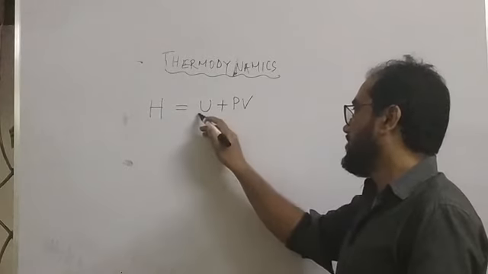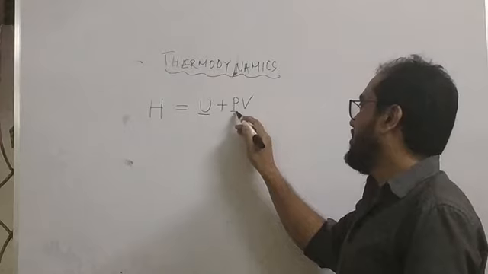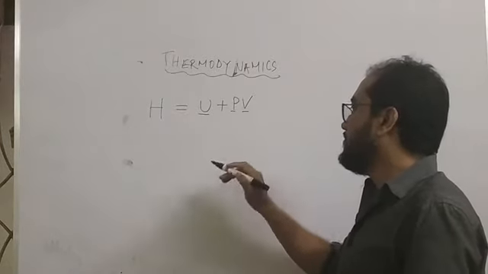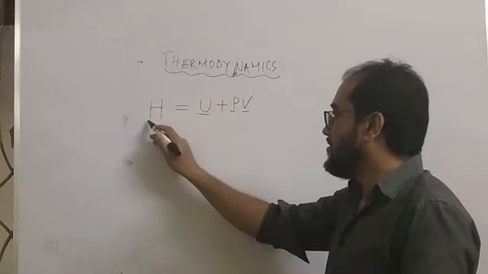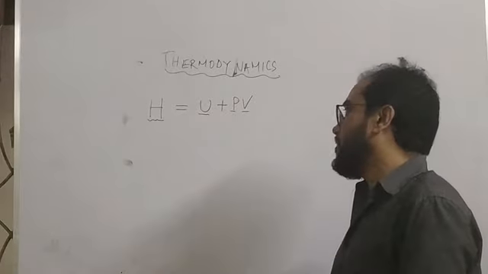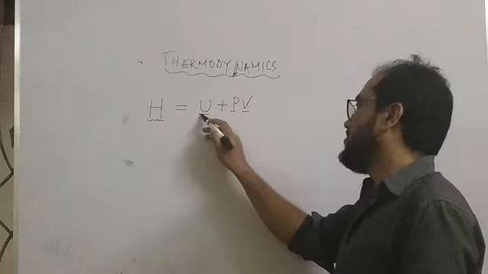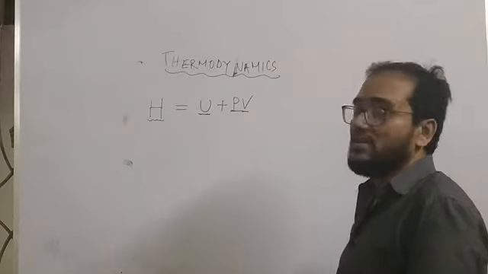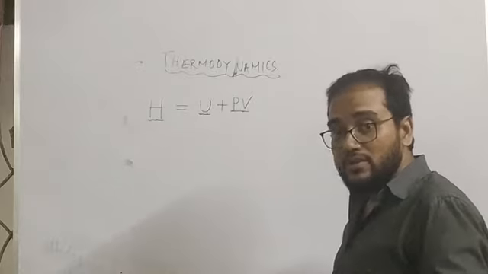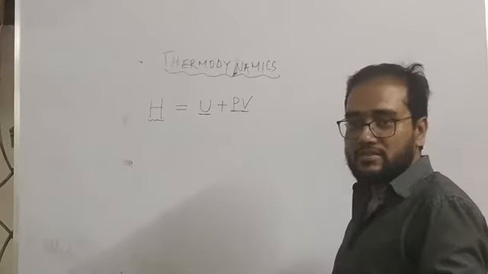What is U? Internal energy. P and V, pressure and volume. They often say that enthalpy is another kind of thermodynamic property, the combination of internal energy and PV work. This is the way we teachers represent it.